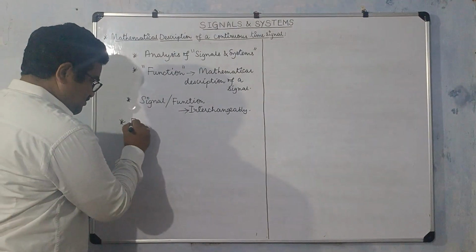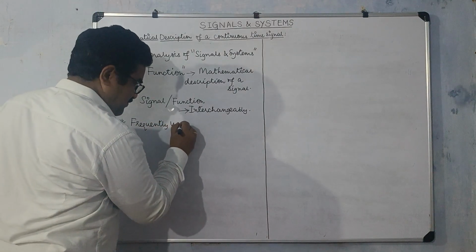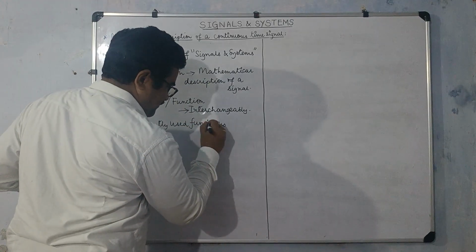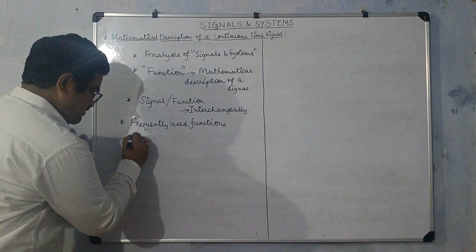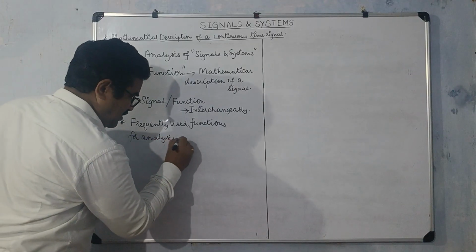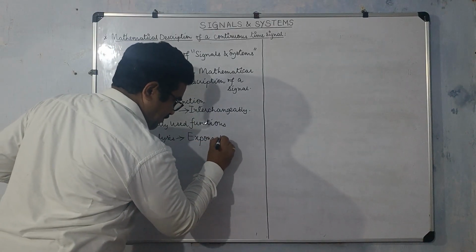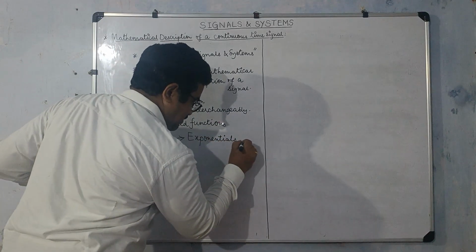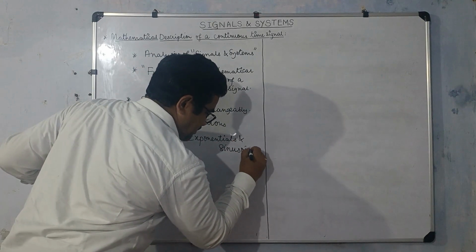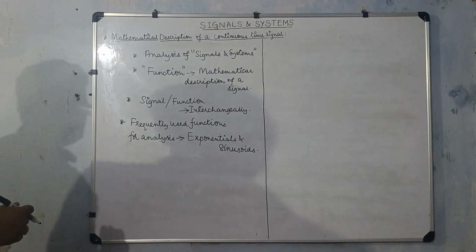So the most frequently used functions for analysis of signals and systems are exponentials and sinusoids. So these are the most frequently used functions.